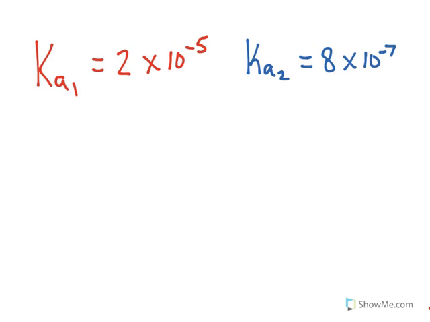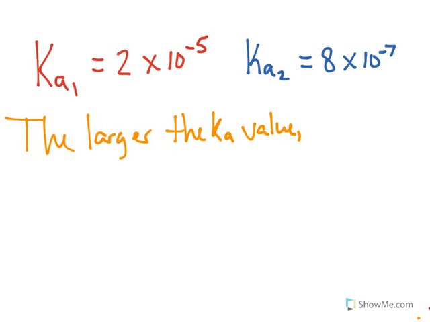Only a few of them will dissociate off their H's. Now, we can actually compare these Ka values, and it's pretty straightforward. The larger the Ka value, the stronger the acid.